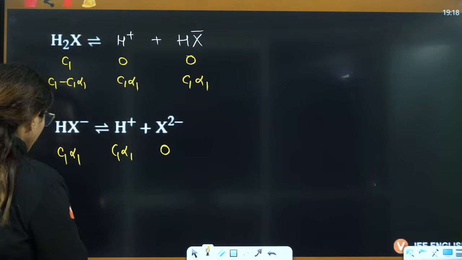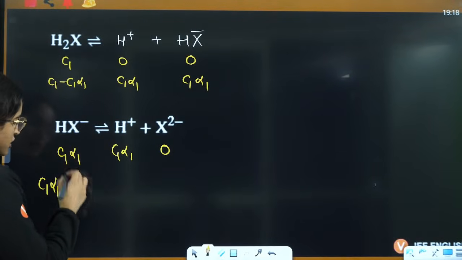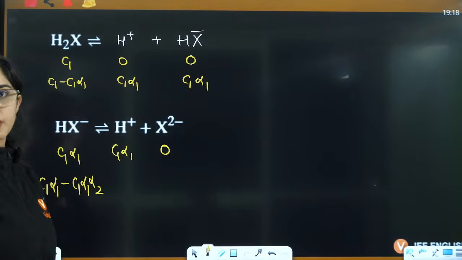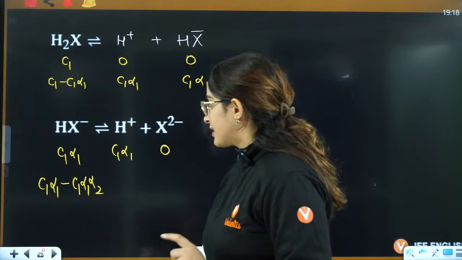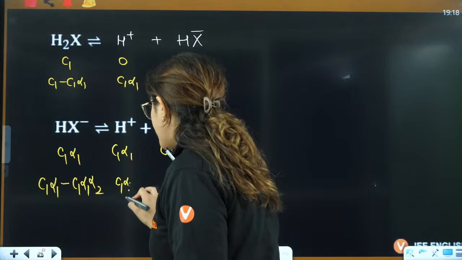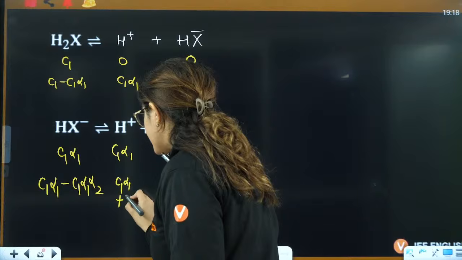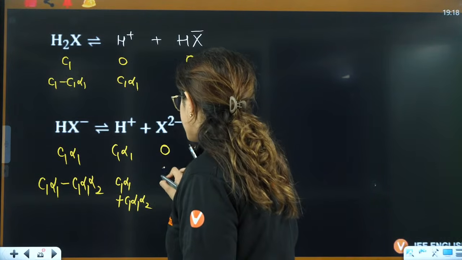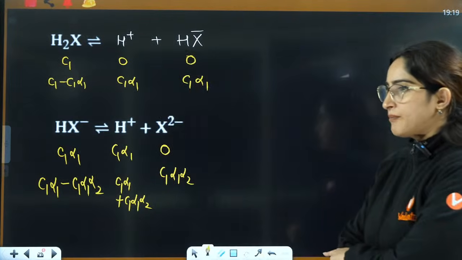Now let's see what you have done. You have taken out C1 alpha 1 minus the initial concentration multiplied by the second dissociation. C1 alpha 1 is the initial concentration multiplied by the second dissociation. This will be C1 alpha 1 plus whatever you have subtracted here, C1 alpha 1 alpha 2. Tell me if that is clear.